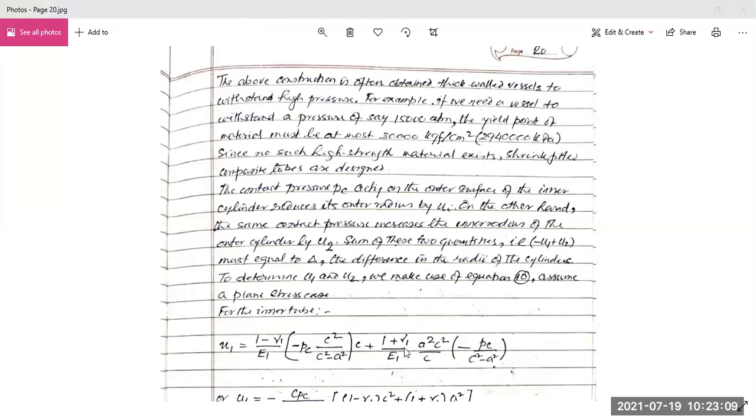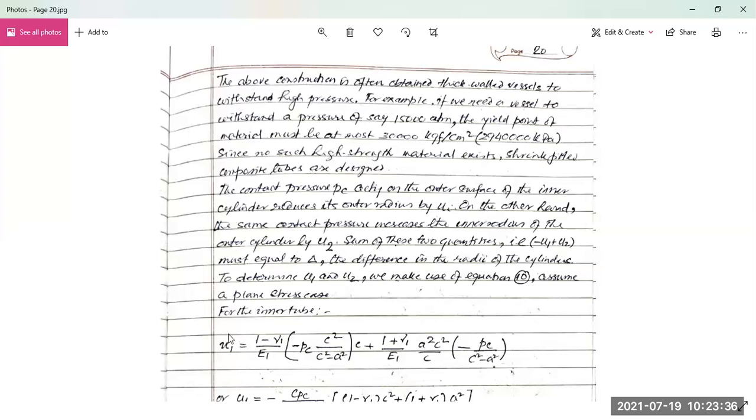So 1 plus gamma, mu1 divided by E1, is equal to A squared C squared by C, where again A is the inner radius and C is the outer radius of the inner tube, and divided by C minus PC, the compressive force, divided by the outer radius minus inner radius.